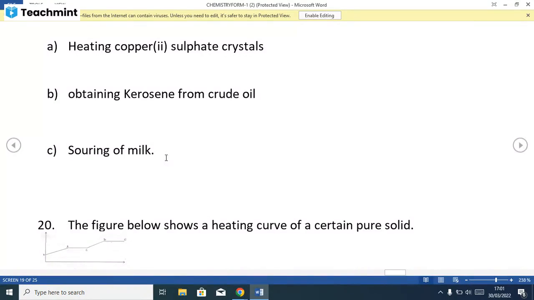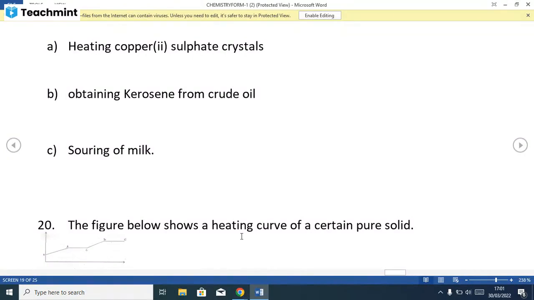This is a chemical change, and also permanent. Permanent chemical change.